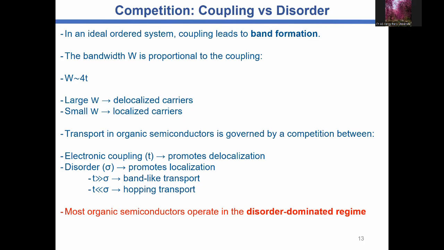And if the overlapping between the states is too low, we can say that the transport is ruled by hopping. But in general, we use this second one because it's quite hard to have a perfectly aligned organic material.